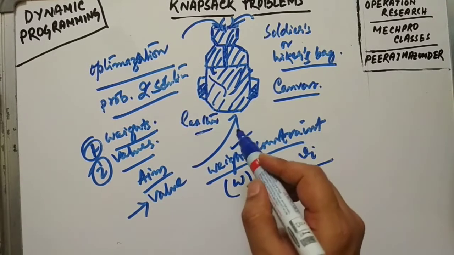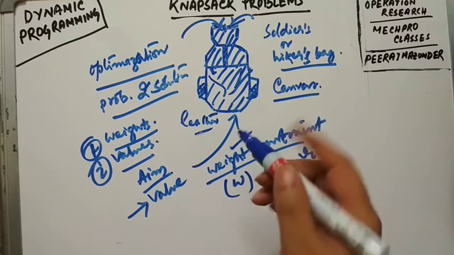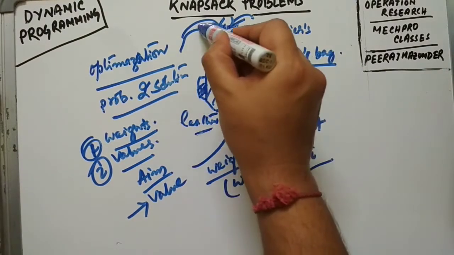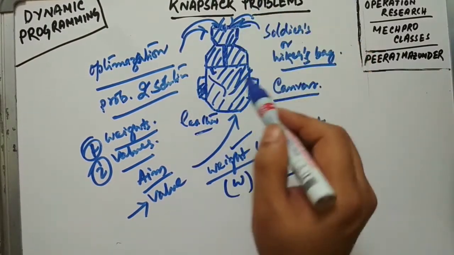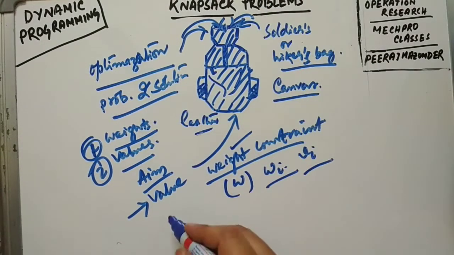The problem is to find out how many of each type of items are to be stacked into the knapsack so as to maximize the total value.